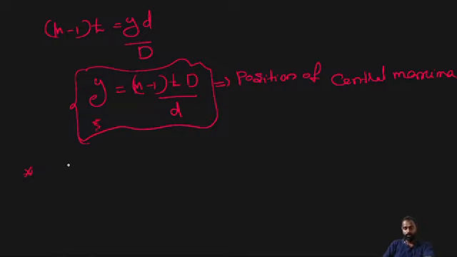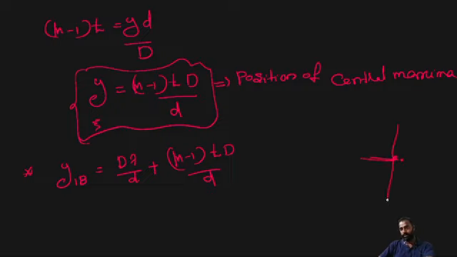So the first bright fringe will be at lambda D by d, not from O but from O dash, plus (mu minus 1) t times D by d, because the earlier equation was valid when the central fringe is at O. This is the screen.